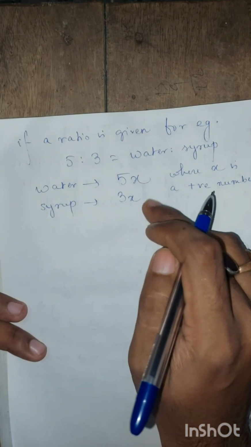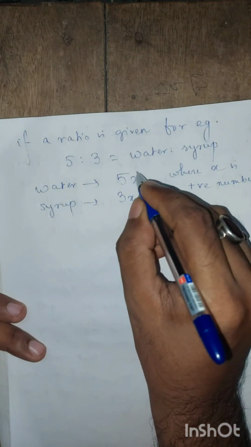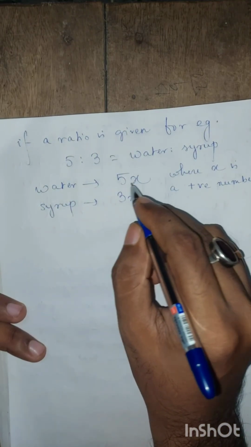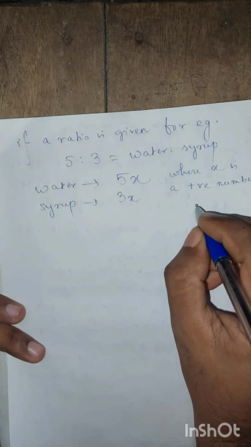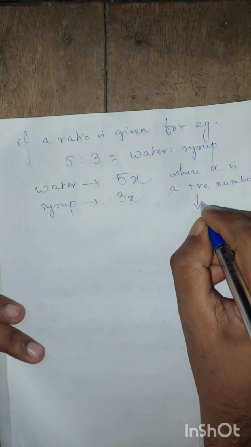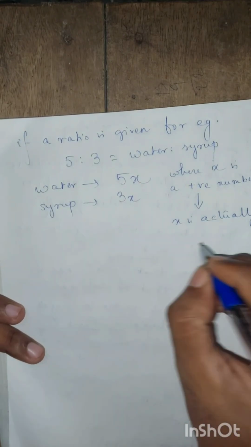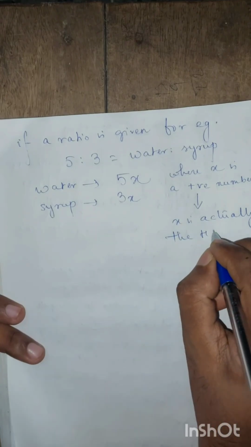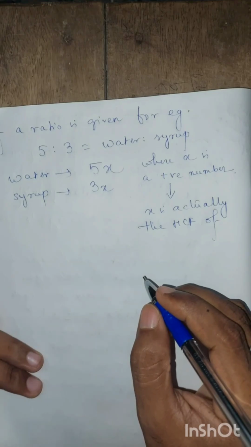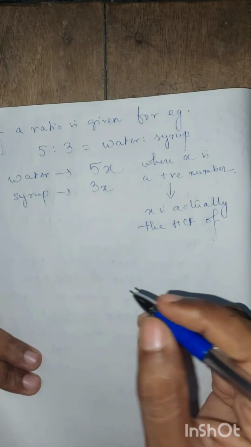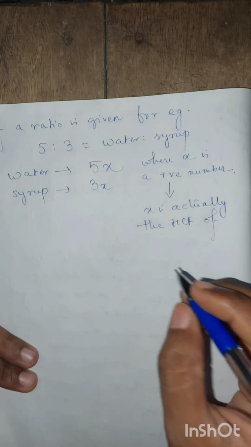If we want, we can open it. Now the number which is being multiplied to all the components of the ratio, this number x is actually the HCF of the first quantity and the second quantity.